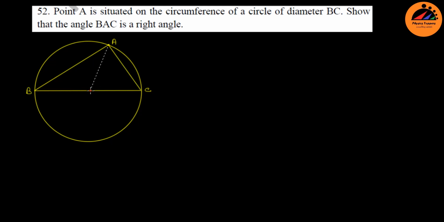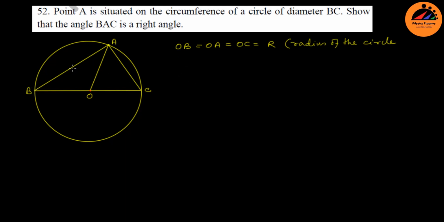Now I should mention that all the magnitudes, suppose the center is O, so OB is equal to OA equals OC equals R, the radius of the circle, right? Now how can you prove that the angle BAC is 90 degrees? Very simple. Just take BA as a vector and AC as a vector and take the dot product. So that will help, right?